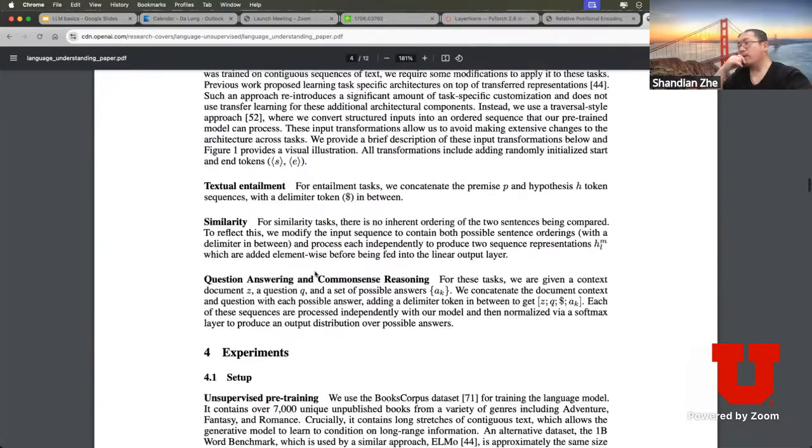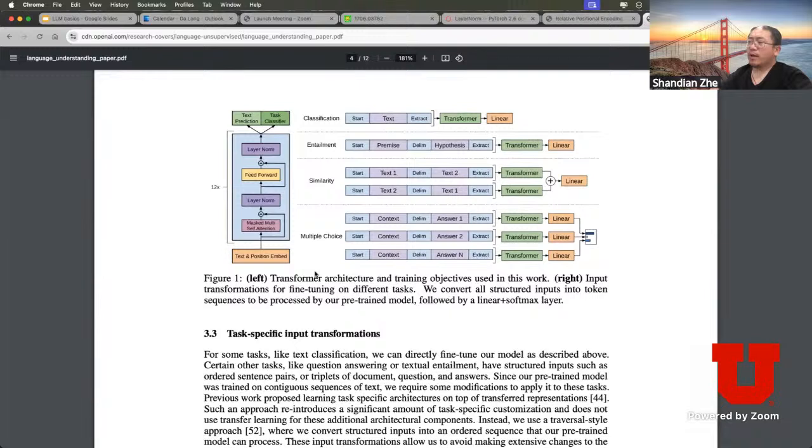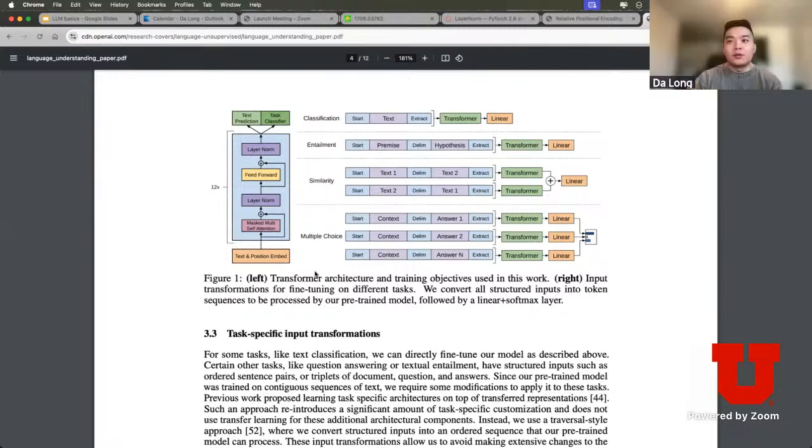Okay, another thing. For the text and position embedding, I assume they get the token embedding from some pre-trained model, say word2vec, and then add the position encoding, right? In terms of the tokens, I think some of them maybe they just randomly initialize the tokens and learn them.